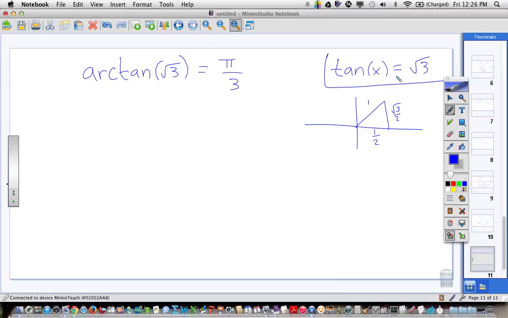There are infinite answers on this problem, but on the arctan problem there can only be one, because it's a function. One input can only give one output. This is where we talked about the restricted domain. If this had been negative root 3, we'd have been down here, and we would have used not 5 pi thirds but negative pi thirds.